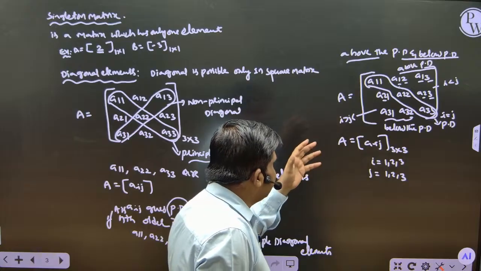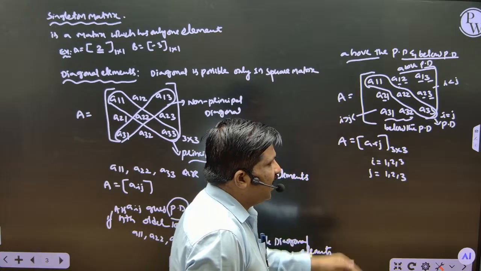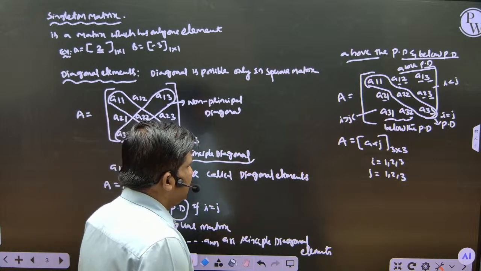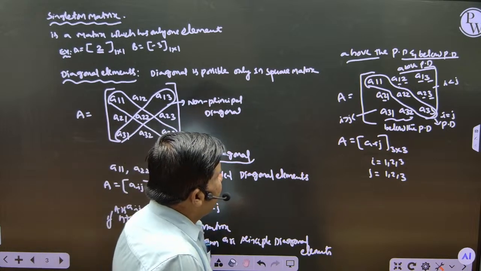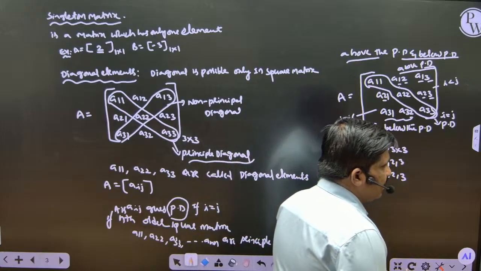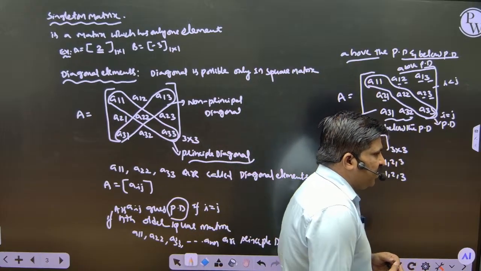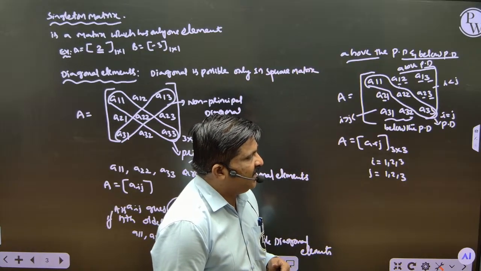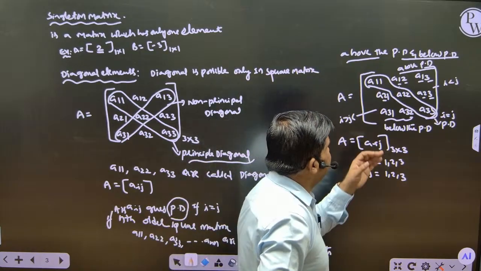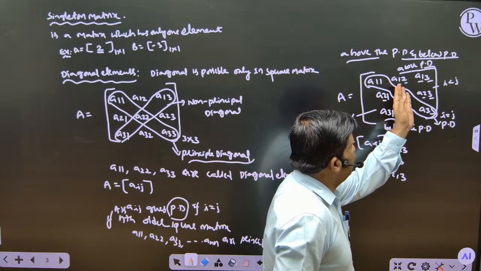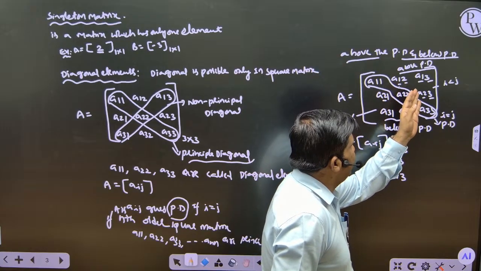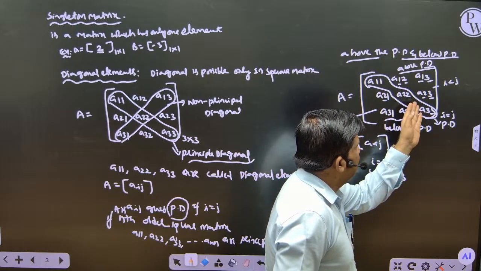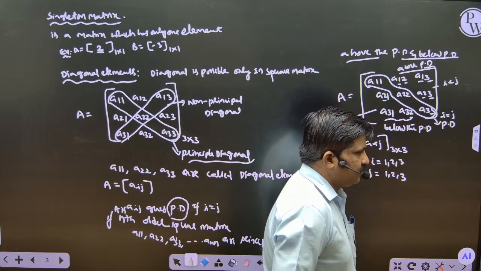If the elements are below the principal diagonal, i is greater than j. You see the suffixes: 1, 2 means 1 less than 2; 1, 3 means 1 less than 3; 2, 3 means 2 less than 3.